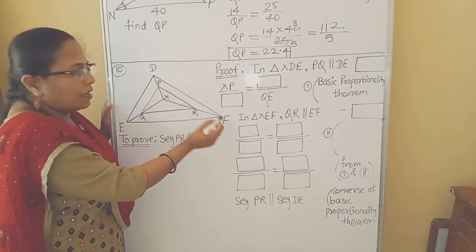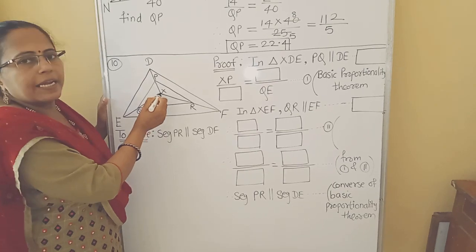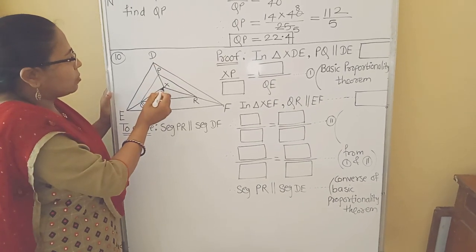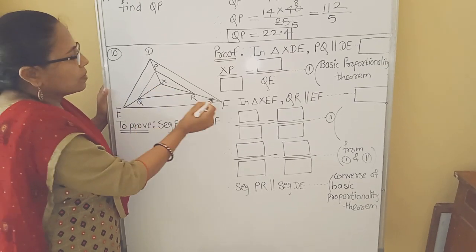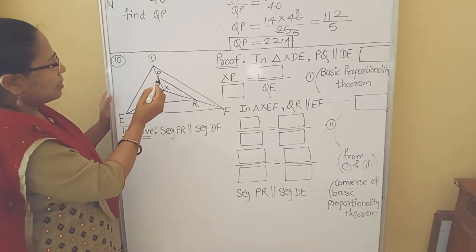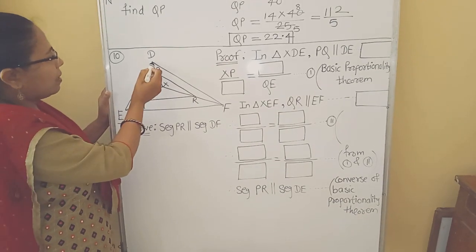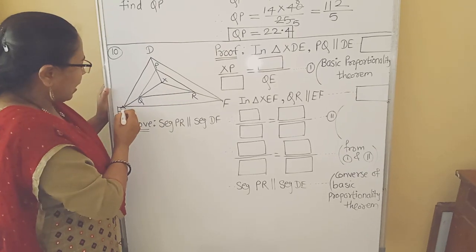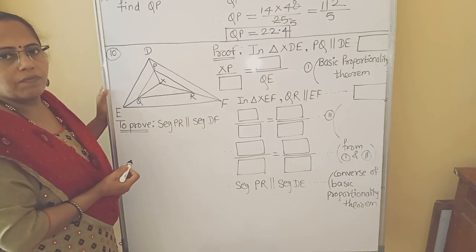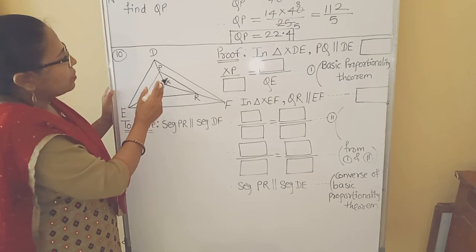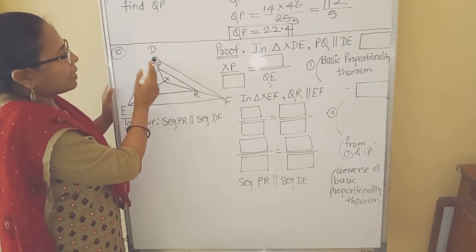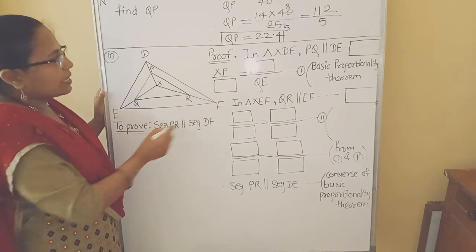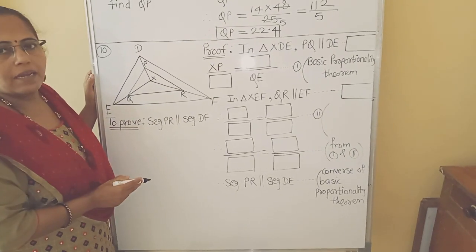In this triangle, point X is in the interior of the triangle and this point X joins with each vertex such that segment PQ is parallel to segment DE and segment QR is parallel to segment EF. So we have to prove segment PR is parallel to side DF. To prove this, we have to complete this activity.